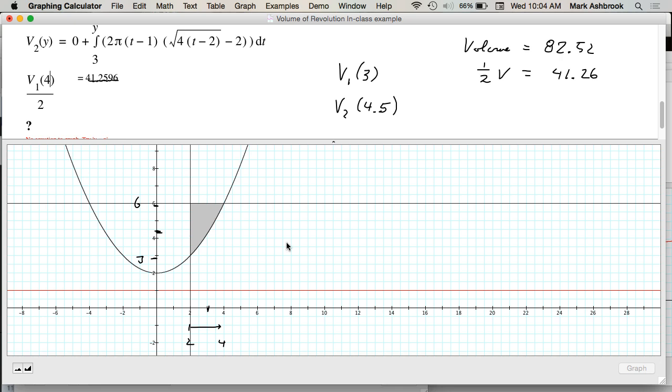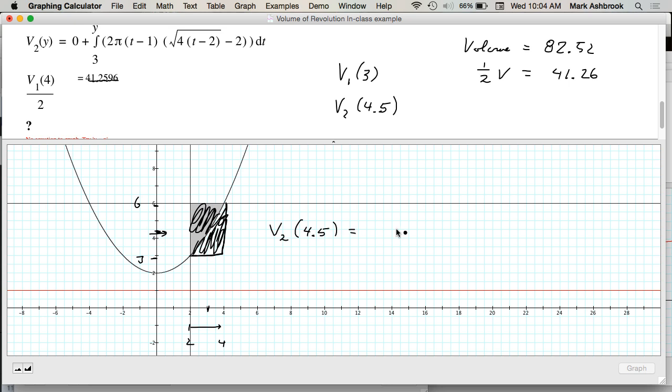Okay, how about this? What if it was a rectangular region to start with, and we got the full volume? What about now? What about V2? So say we're going to rotate this whole thing now, and it's a perfect rectangle. And now I want to talk about V2 of 4.5.